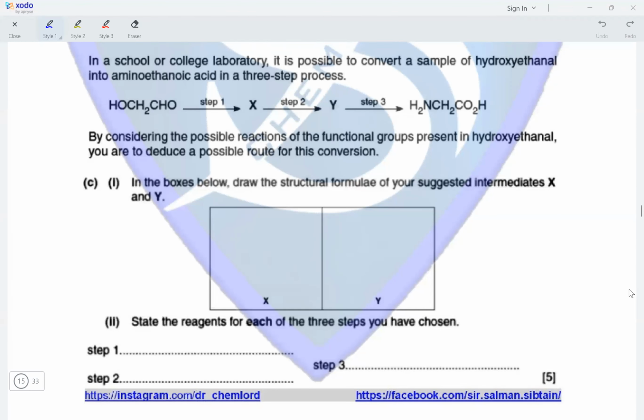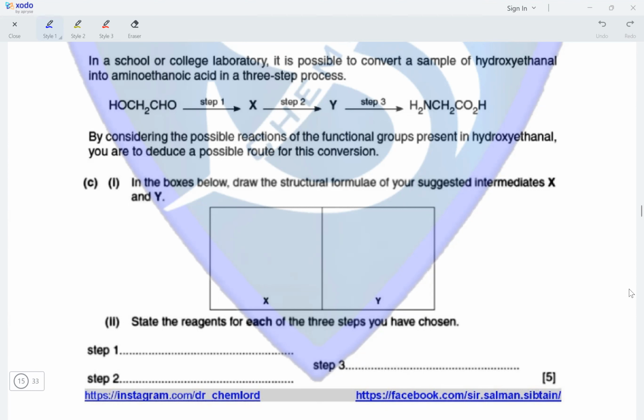In a school or college lab, it is possible to convert a sample of hydroxyethanol into aminoethanoic acid in a three-step process. So aminoethanoic acid has a COOH group in place of the aldehyde group. That means the aldehyde was oxidized. And it has an NH2 group in place of the OH group, which means the OH group underwent nucleophilic substitution.